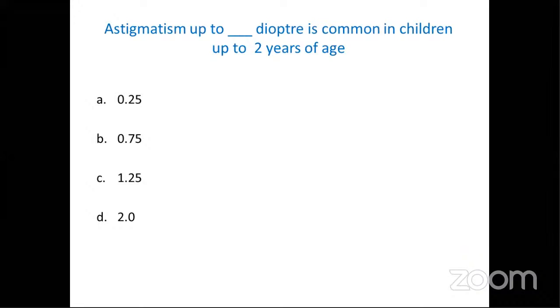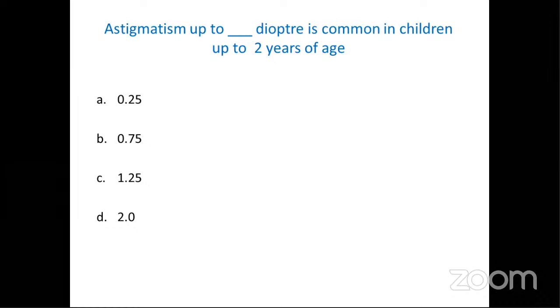So the astigmatism up to how many diopters is common in children up to 2 years of age? After 2 years of age, how much astigmatism do the children have? Look at the question, it's a very tricky question.